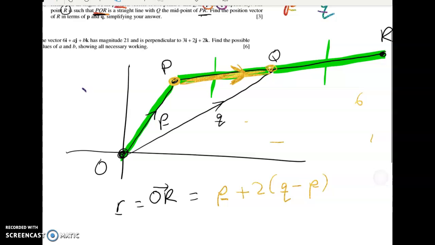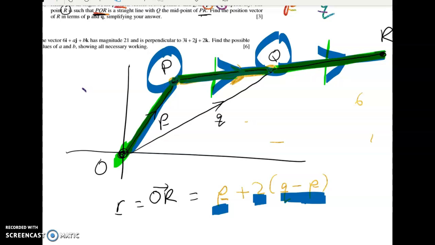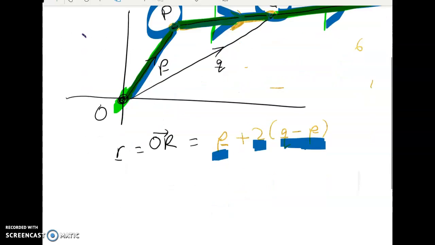But all I'm saying here is that to get from the start, the origin, out to R, first of all we go out here, and that's this bit here of P. And then because I know that Q is the midpoint, I know that to get to R I go once like that, and then I do the same thing again, and that will get me to R. So that's how come I've got 2 here, and I've got Q minus P here, because that's how I get from point P out to point Q. So what does that let me do?